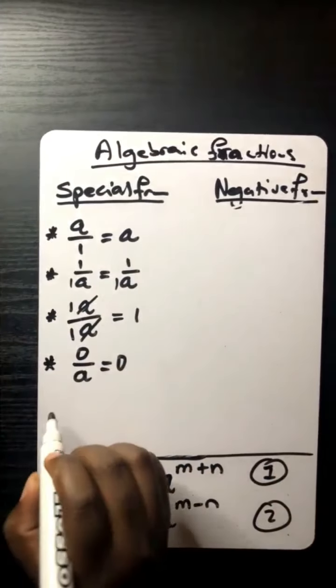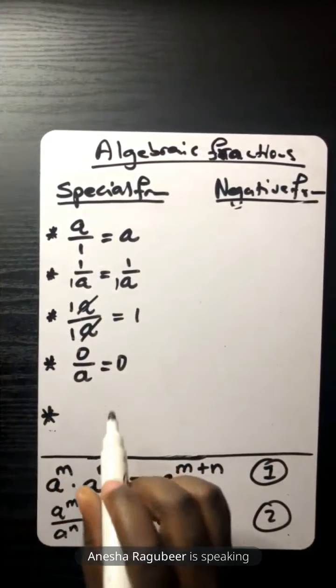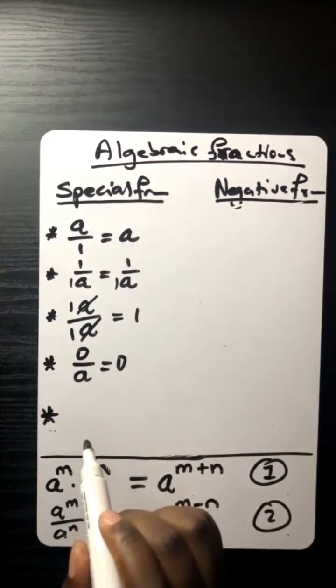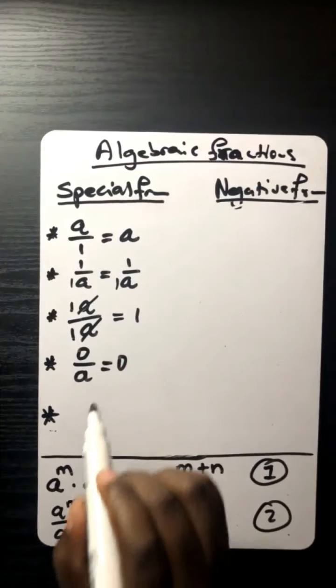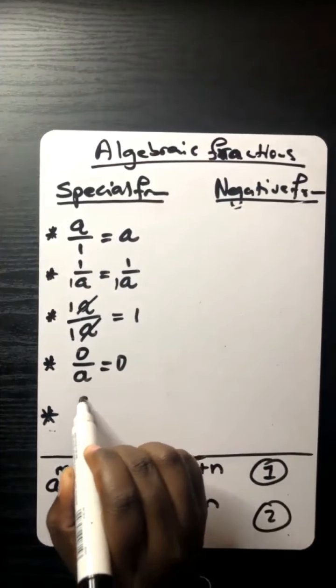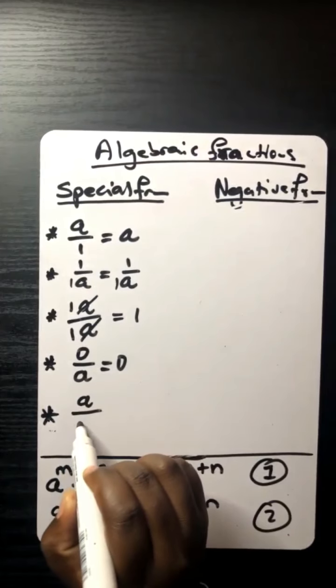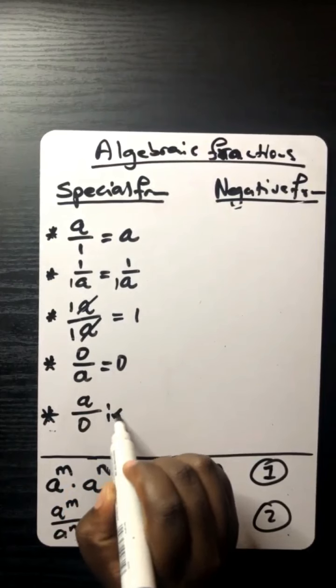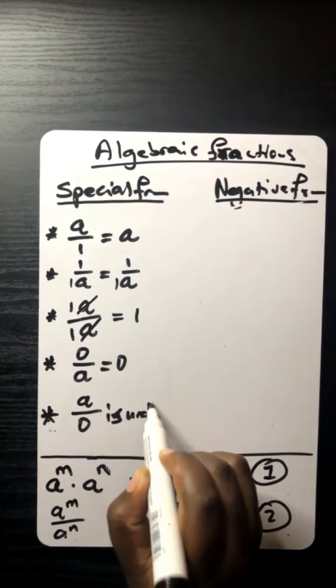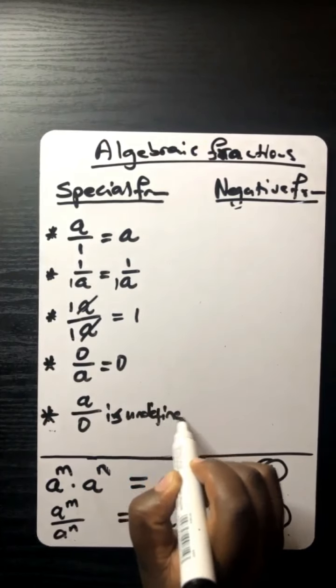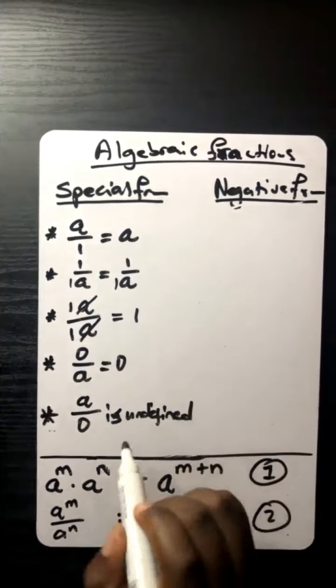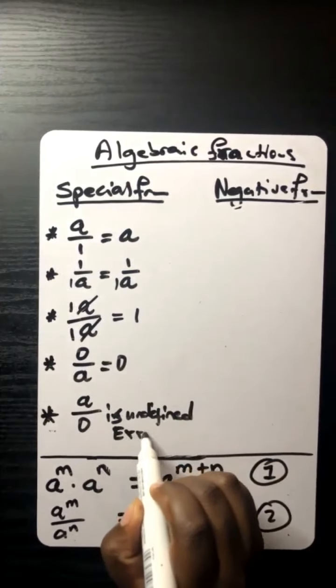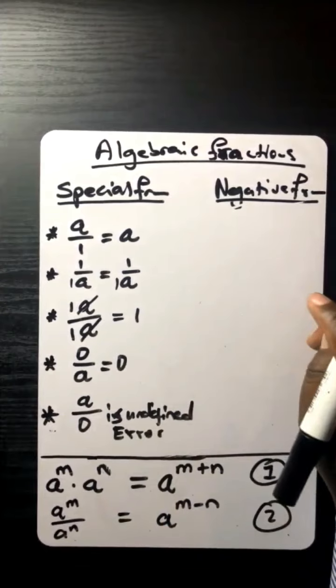So the last part that I wanted to touch is that, what is it? A divided by 0 is undefined. It's undefined. You get error when you punch that.